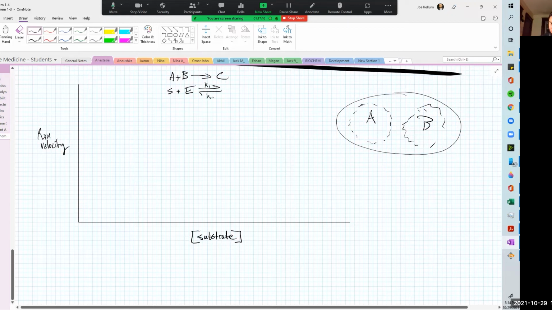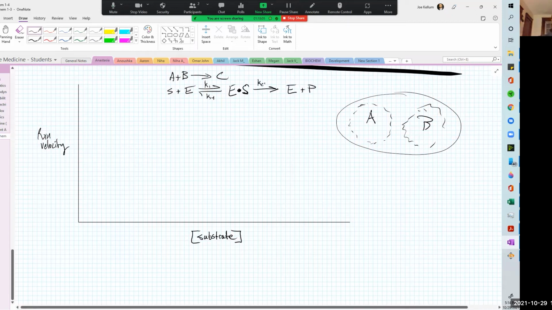That's why they draw it with the K1 and the K -1, because you've got some rate constant for each direction of that specific reaction. And then that forms the enzyme substrate complex. And then once that is formed is when you will inevitably go to form the enzyme product situation.